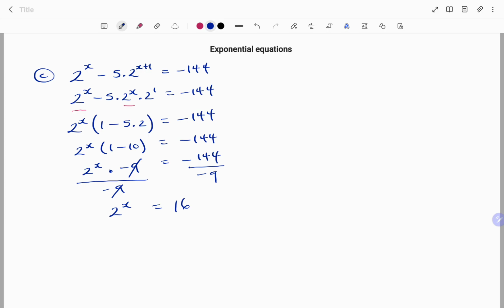The bases are not the same, so I'm going to change my 16 using prime factorization. I have 2 times 2 times 2 times 2, and that will give me 2 to the power of 4. Substituting back, I have 2 to the power of x equals 2 to the power of 4. The bases are now the same, so I'm going to equate the powers. x equals 4. Let's look at one more example.